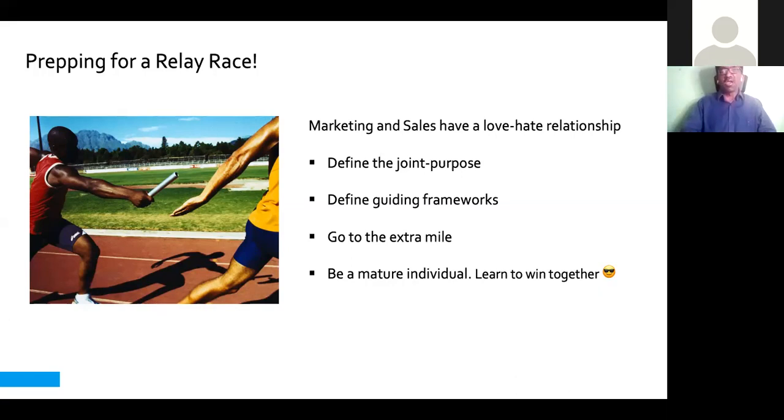And it all starts with a common goal. The way you can smoothen the relationship is to start by setting a common purpose. The common purpose is typically generating quality pipeline which can convert. If all the conversation revolves around this common purpose, it's going to be useful.